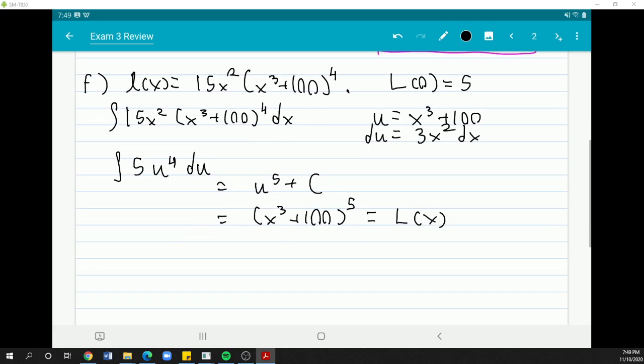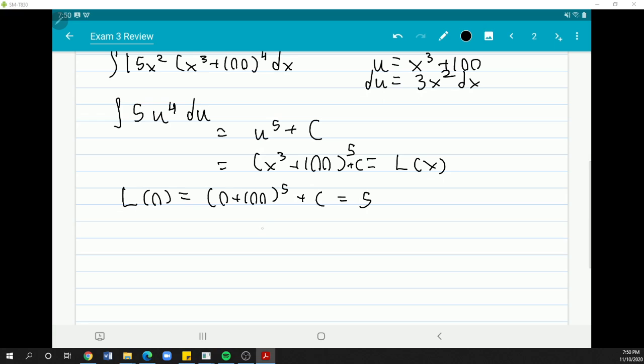So we have this is equal to L of x. L of 0 is equal to 0 plus 100 to the fifth, which is also by the problem equal to 5 plus c. Plus c is equal to 5. So c is equal to 5 minus 100 to the fifth.